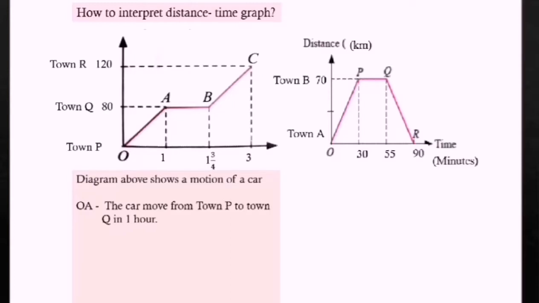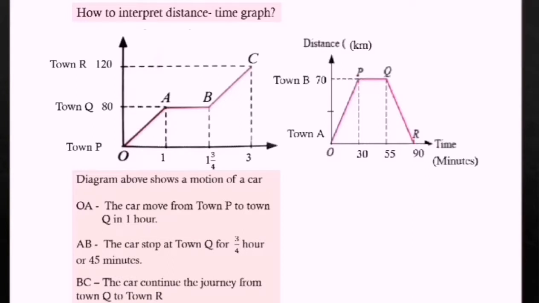The car moved from town P to town Q in 1 hour. AB, this part. The car stopped at town Q for 3/4 hours or 45 minutes. The line BC, the car continued the journey from town Q to town R.